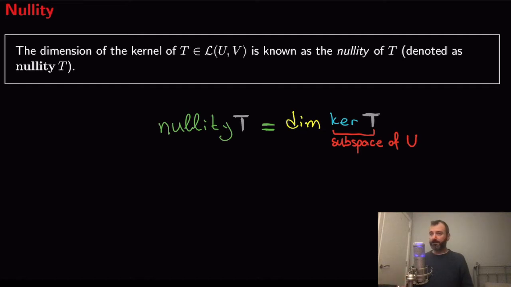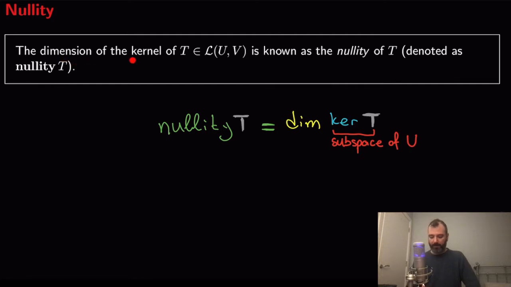And this is the first definition we need. What is the nullity of a kernel, or if you like, what is the nullity of a matrix? The dimension of the kernel of T is the nullity of T. Simple as that. Let's try to understand this a little better.